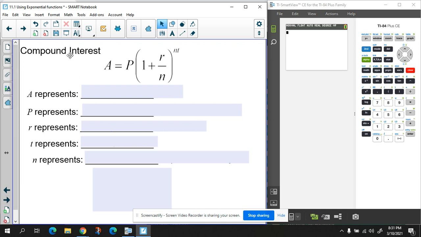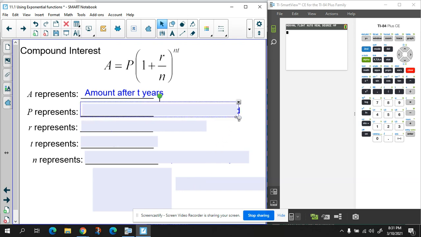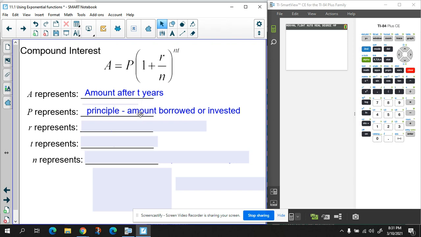When we work with compound interest, you have a few different letters in your formula. The A in the compound interest formula represents the amount after the time has expired, or amount after T years has gone by. The value P represents principal, which is considered the amount that you borrowed or the amount you invested.